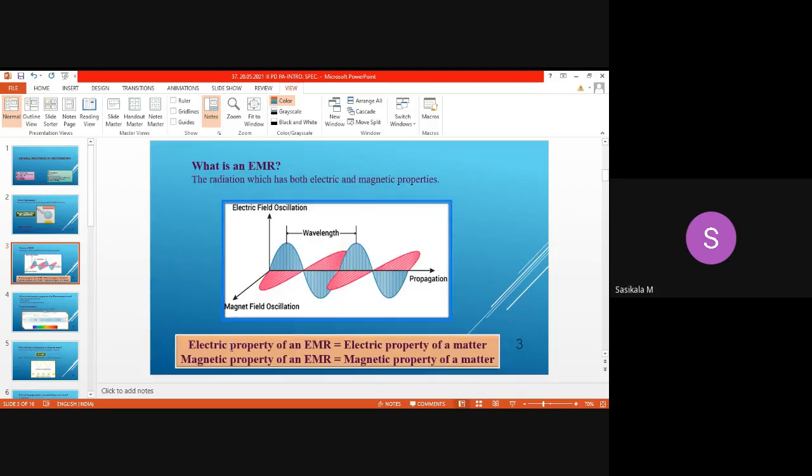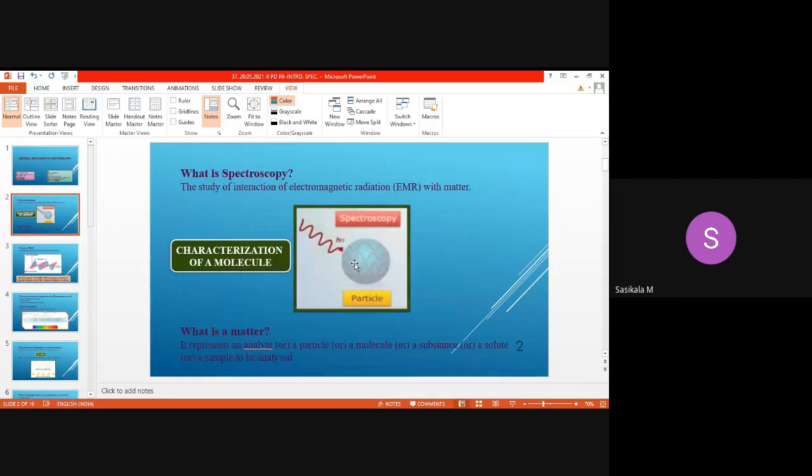How will this electromagnetic radiation interact with the particle? That is represented here. The electric wave of an EMR will interact with the electric property of a matter. So matter also has electric property. What is the electric property in a particle? A particle carries electrons, right? A molecule is composed of atoms.